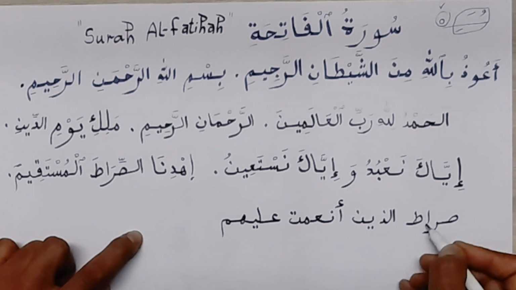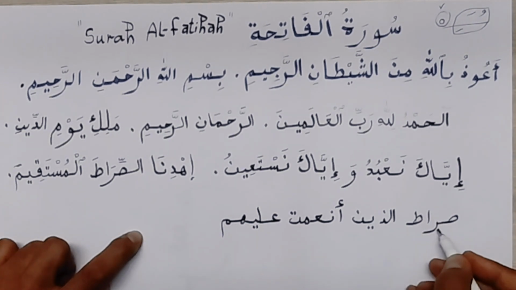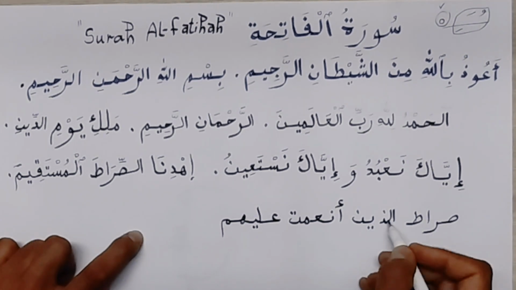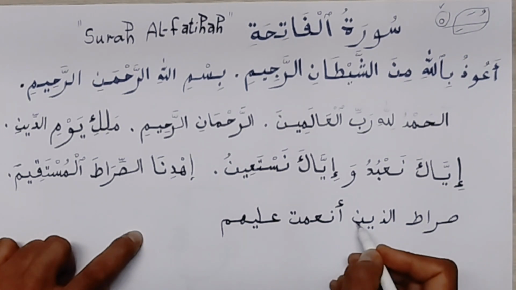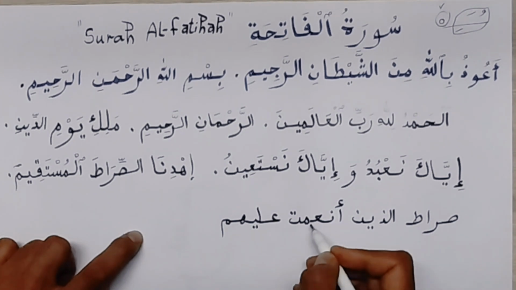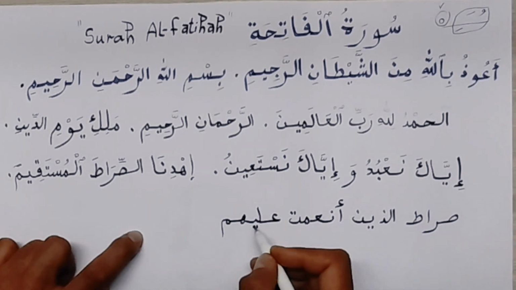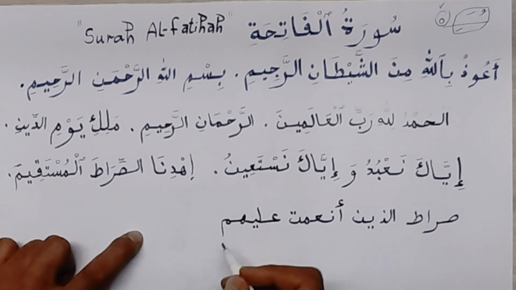Here we have the alif, so it's a long vowel. صراط الذين أنعمت عليهم.